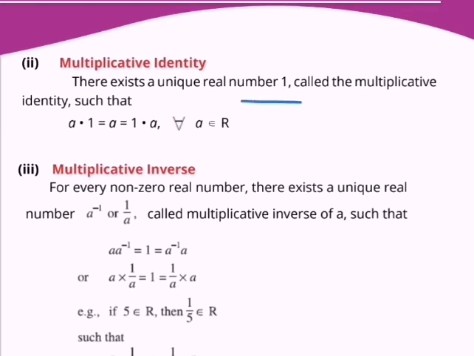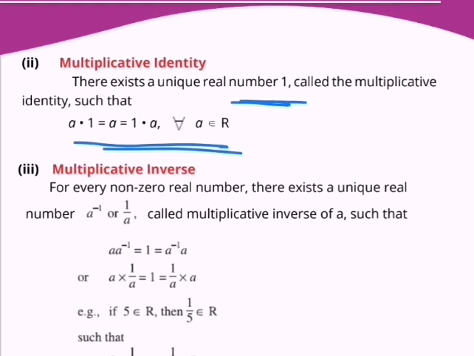In real numbers, 1 is called multiplicative identity, such that A multiplied by 1 is equal to A, and this will be equal to 1 multiplied by A, for all A belonging to real numbers. Therefore, 1 is called multiplicative identity.